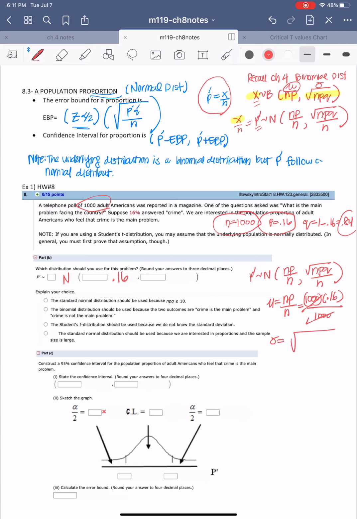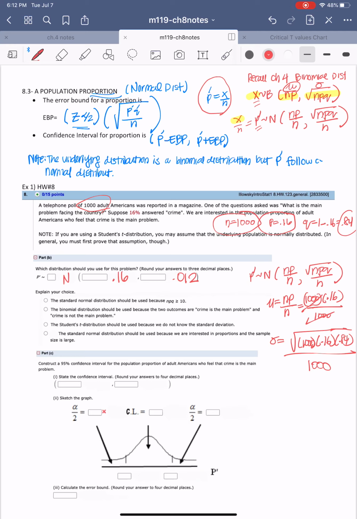Sigma is square root of 0.16 times 0.84 all over n, the 1000. It's asking you to round it to the 3 decimal place. I'm getting in a calculator 0.012. Explain your choice.